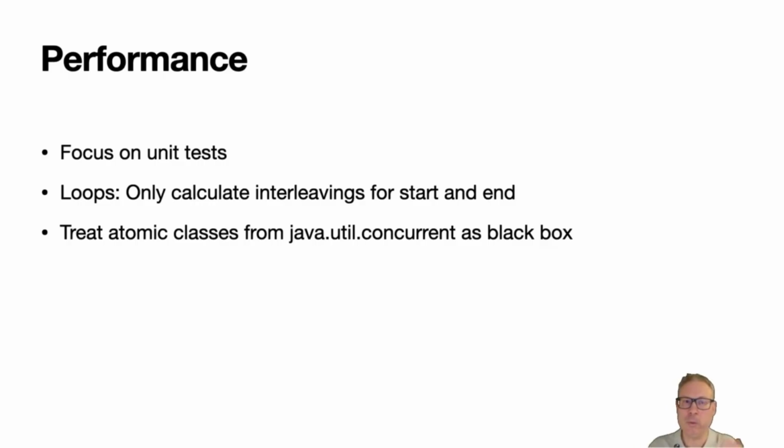We don't need to test Java util concurrent hash map. We simply want to test if our code works correctly with the map. So we can treat those atomic classes as a black box. And if we take those three parts together, it actually works, and it's rather performant.